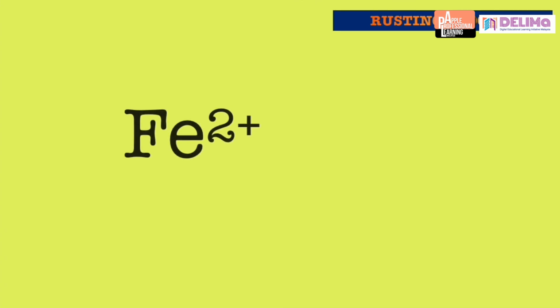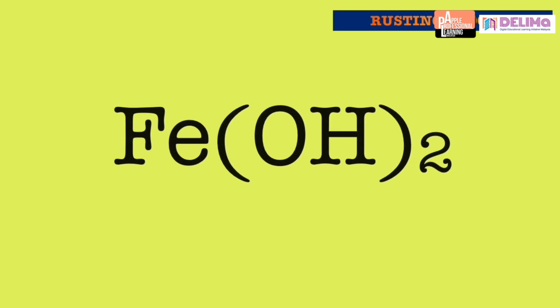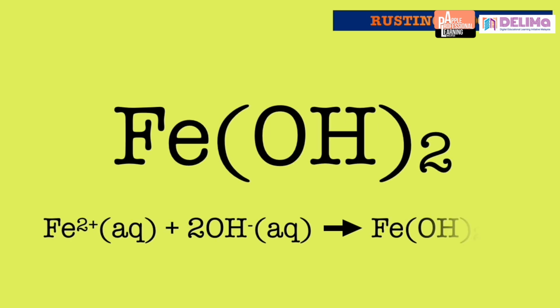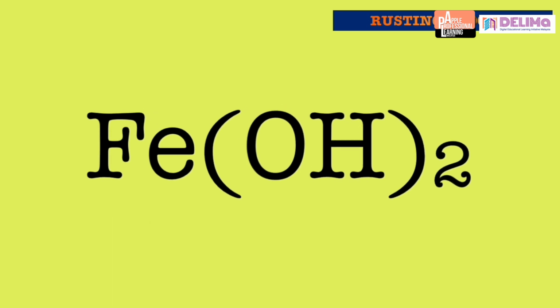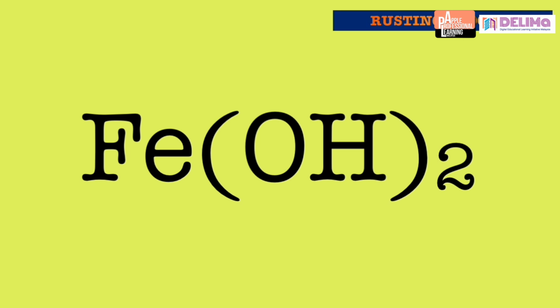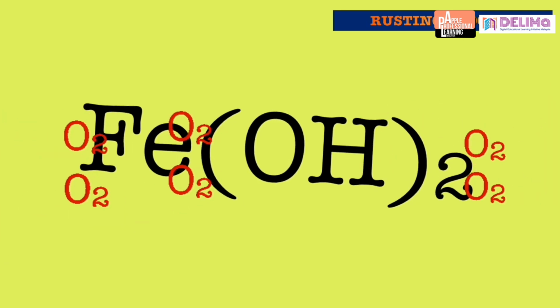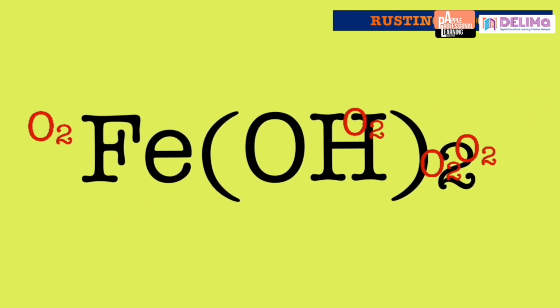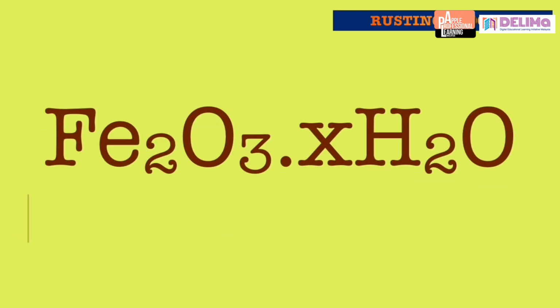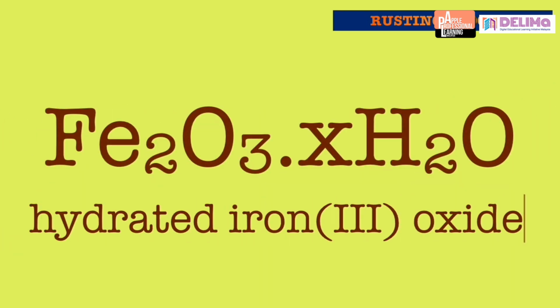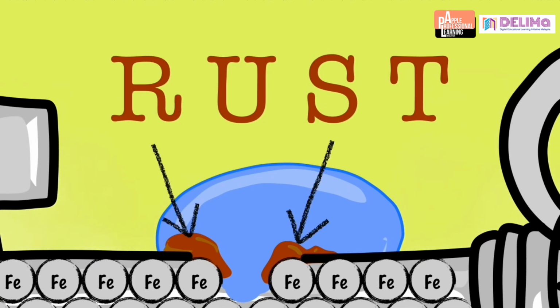Iron(II) ions produced react with hydroxide ions to form iron(II) hydroxide. Iron(II) ion is green, but rust is brown because iron(II) hydroxide undergoes continuous oxidation with oxygen to form hydrated iron(III) oxide, which is known as rust.